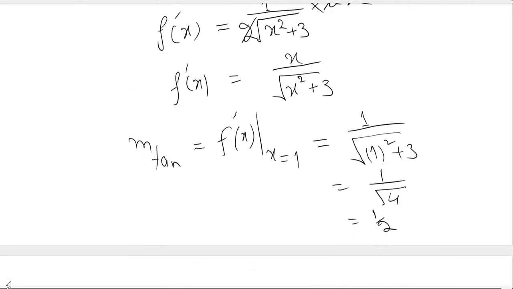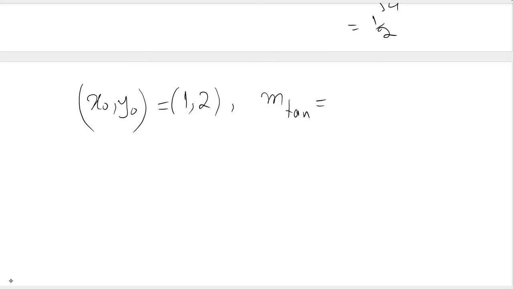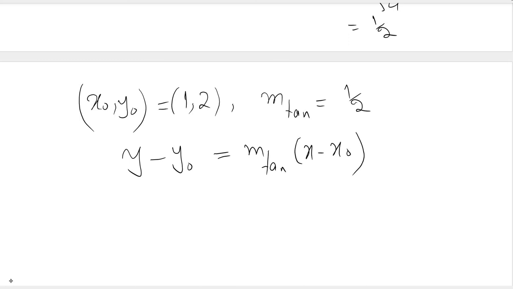Substituting, x0, y0 is (1, 2) and the slope is 1 over 2, and the formula is y minus y0 equals m times x minus x0. So we put y minus 2 equals 1 over 2 times x minus 1.